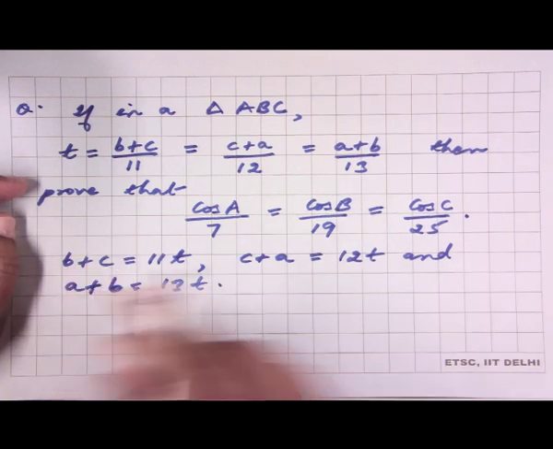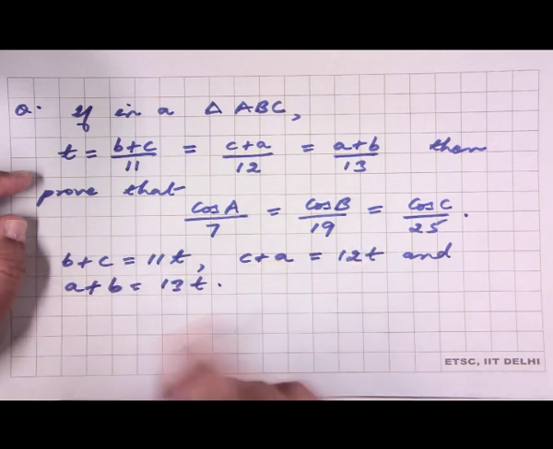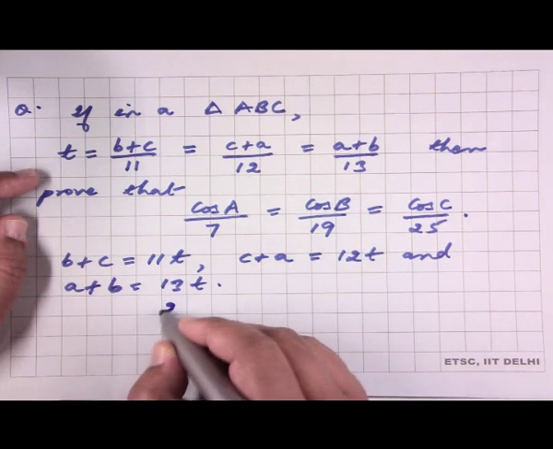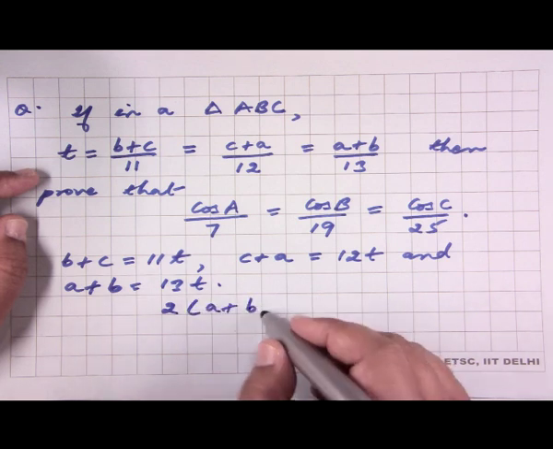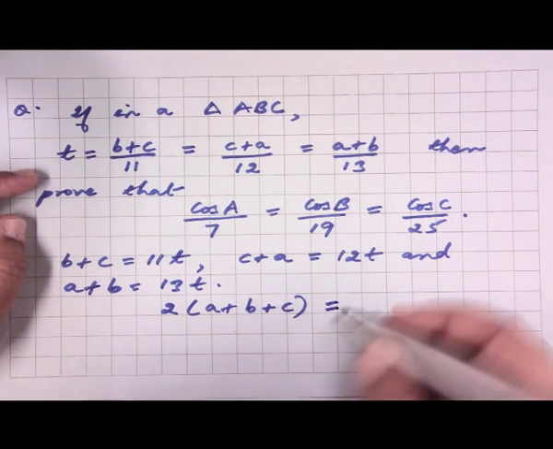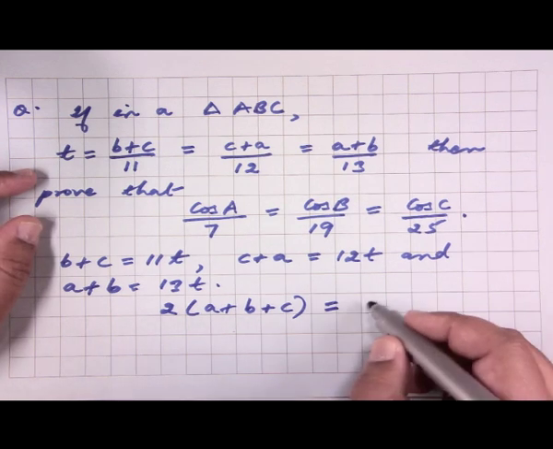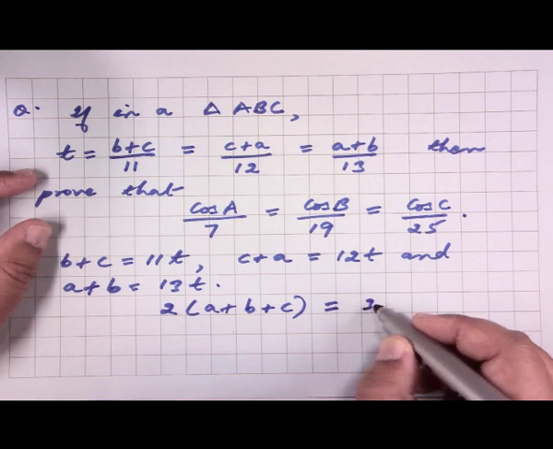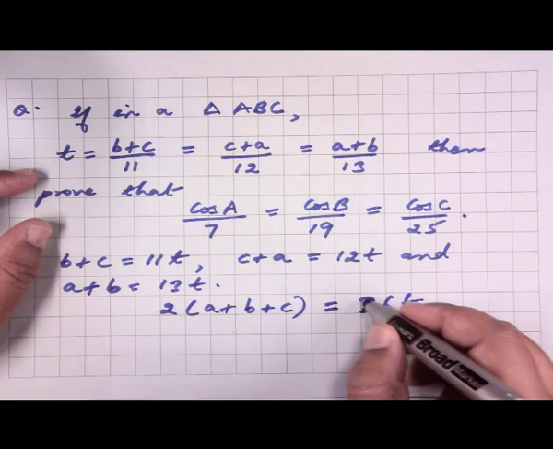If we add all these three, so this plus this plus this, on the left hand side we get 2 times (A plus B plus C) equals 36t.